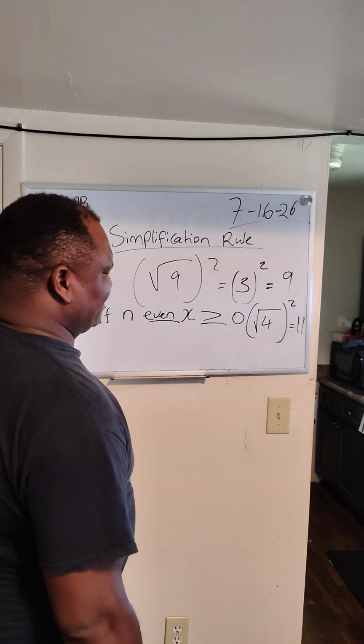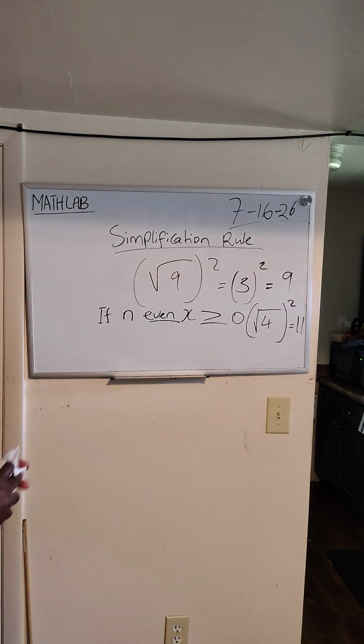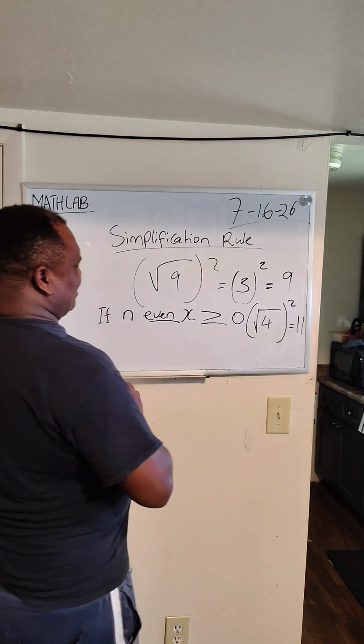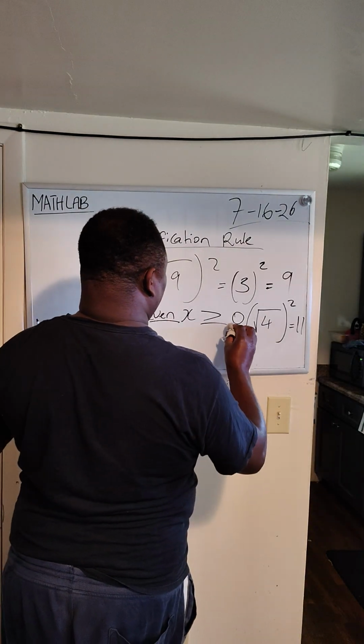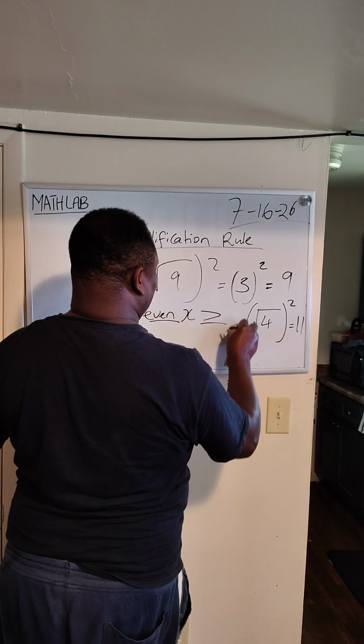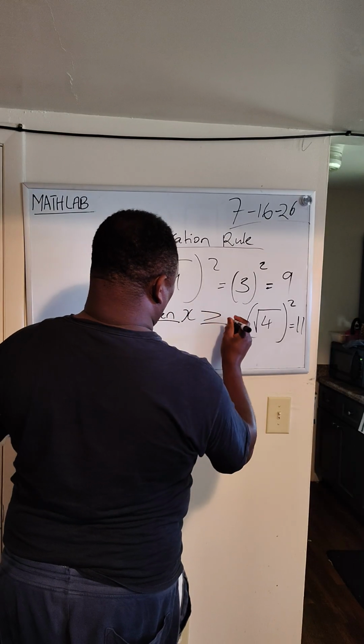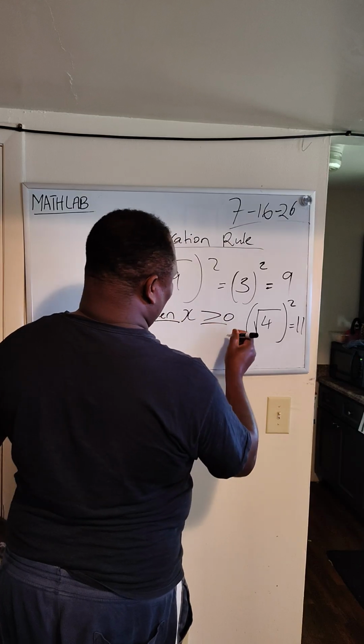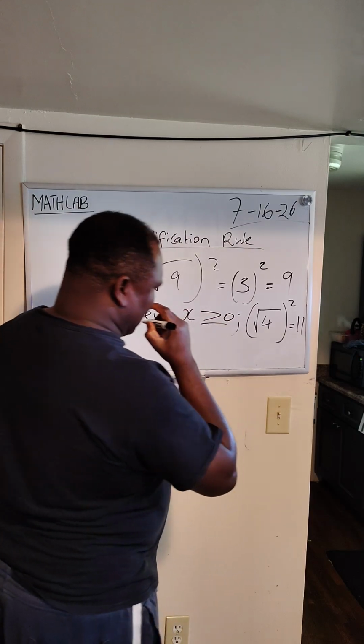Then we find that it is 4. So that is an example of how an even number would look.